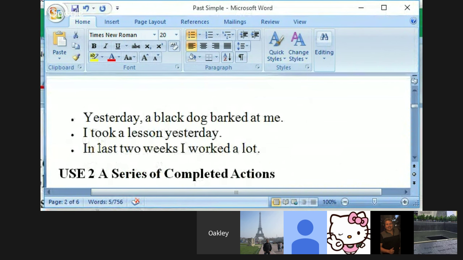First of all, it should be in the last 2 weeks because you know exactly which 2 weeks you're talking about. In the last 2 weeks, plural. And this is going to have to be present perfect, because in the last week means up until right this minute. So that's not going to work.